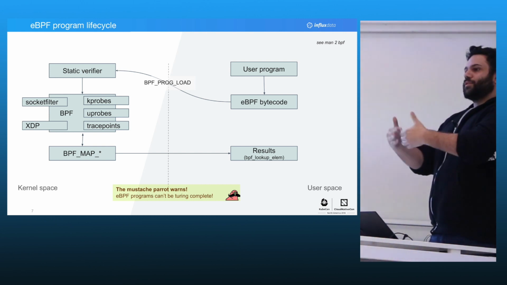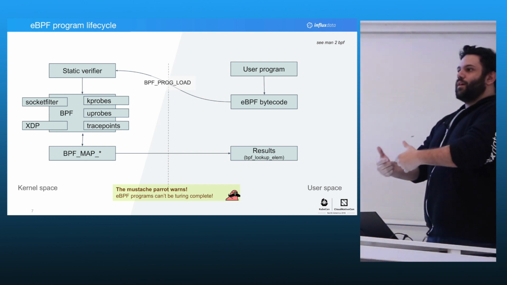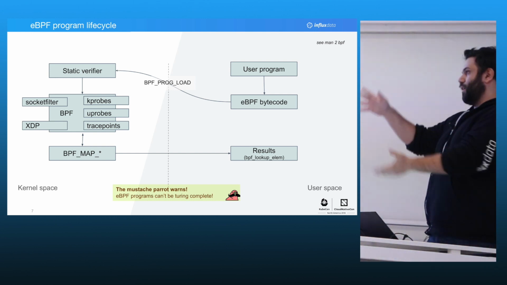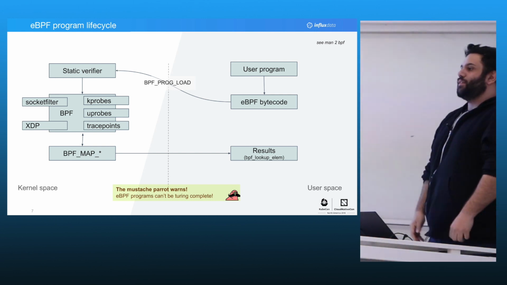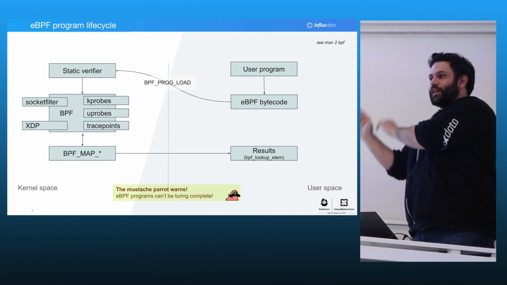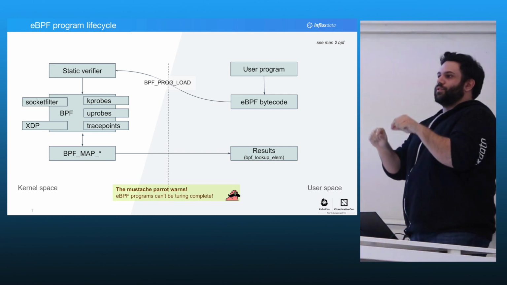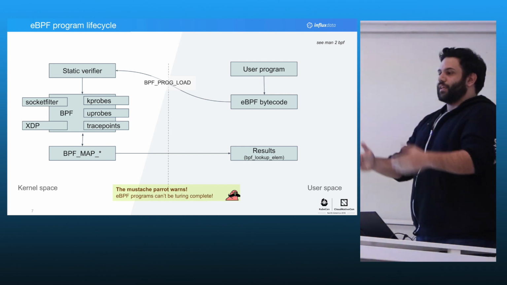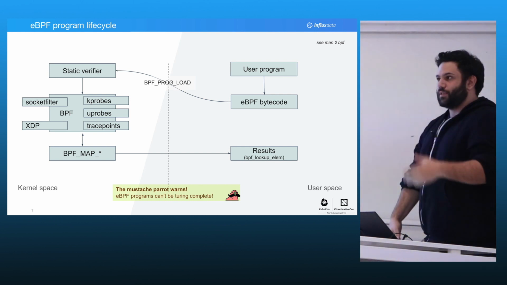BPF programs are programs compiled for an architecture, but that architecture is not your x86-64 architecture that you have in your machine, but is the Linux kernel BPF virtual machine architecture that has a specific instruction set to allow the execution of BPF programs.